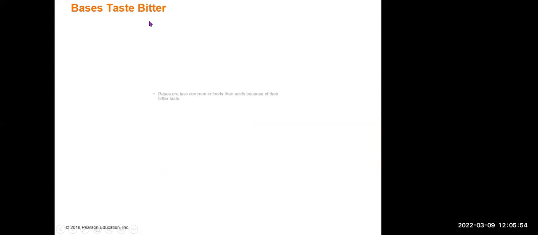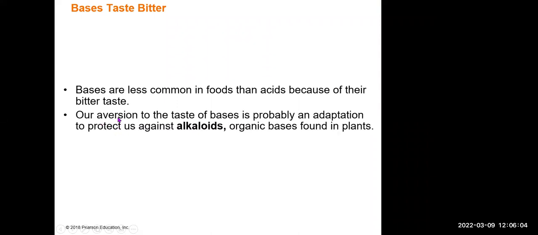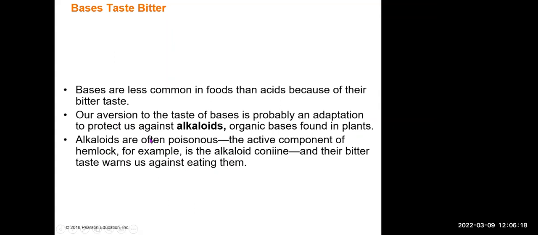Bases taste bitter. Bases are less common in food than acids because of their bitter taste. Our aversion to the taste of bases is probably an adaptation to protect us against alkaloids, which are organic bases found in plants. Alkaloids are often poisonous.